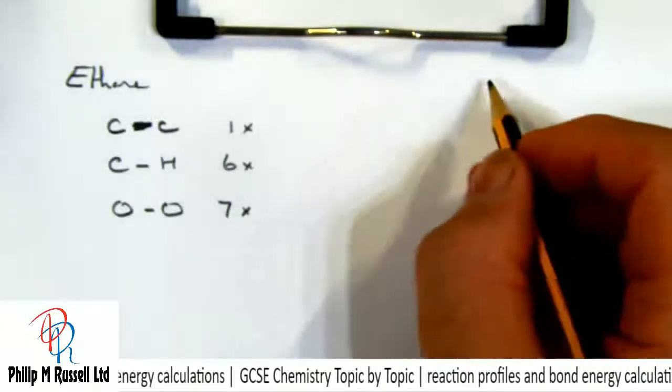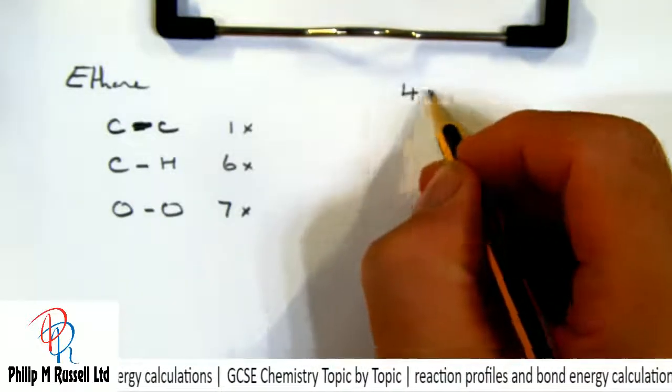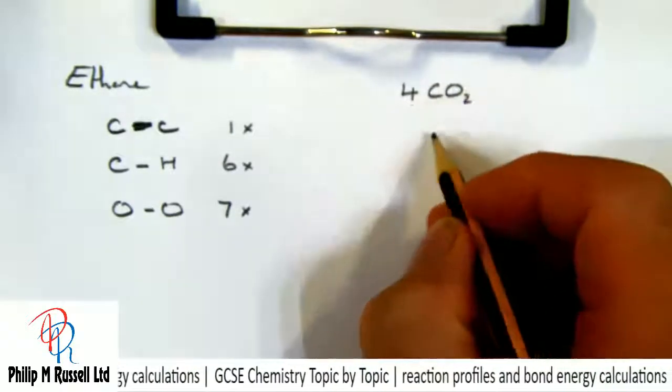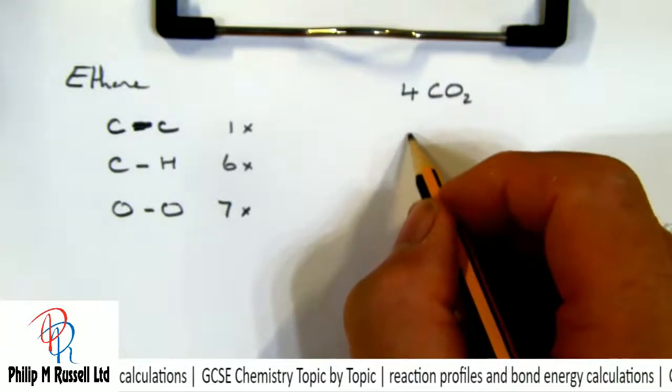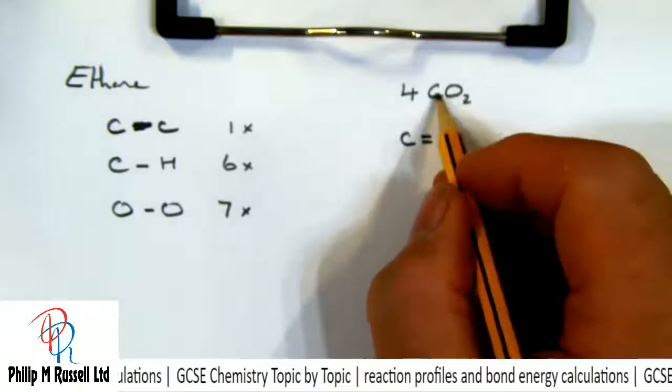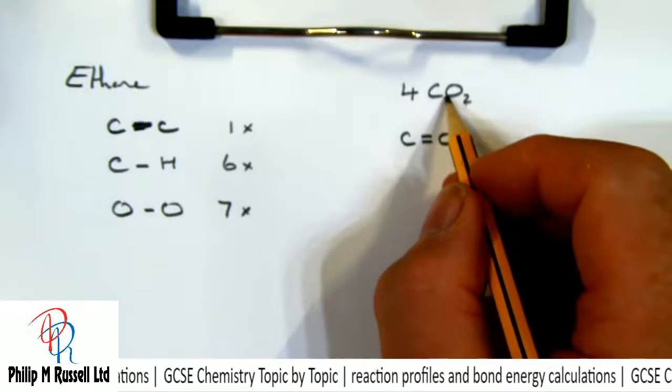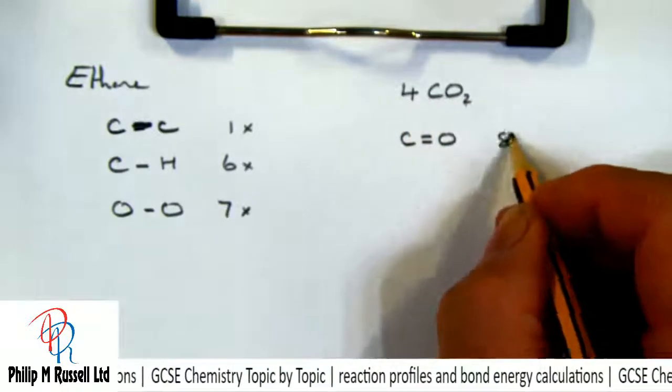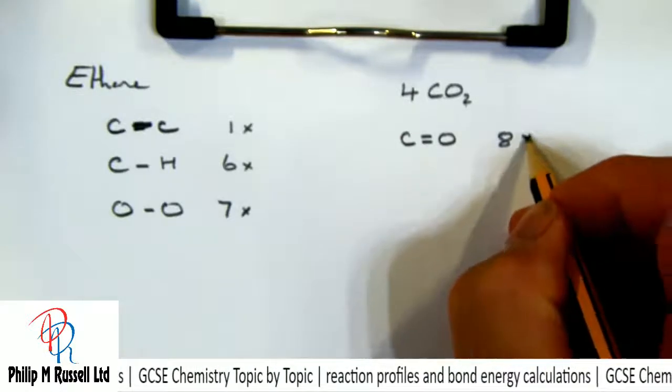My results, I've got 4 CO2s. This is going to give me my carbon double bond. I've got 2 here in 1 molecule, so 2 times 4 is going to give me 8 lots of those.